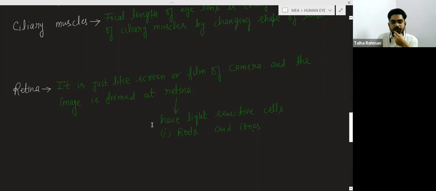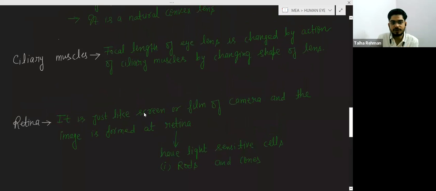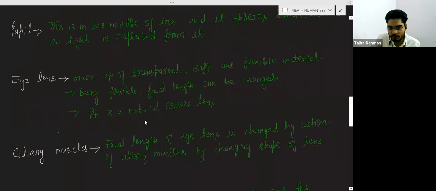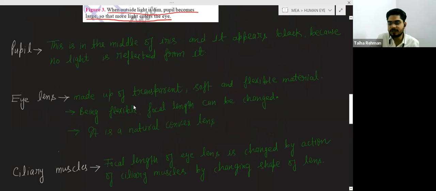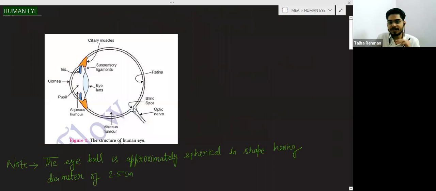There is one more thing here, this blind spot. This is the junction point of the optic nerve and the retina. This spot does not have any light sensitive cell. So if the image of the object is formed here, you will not get any image.